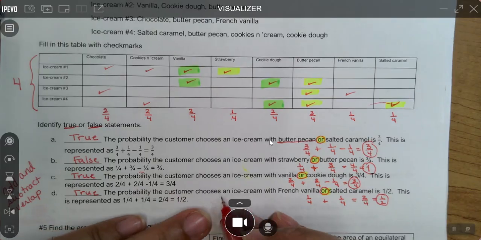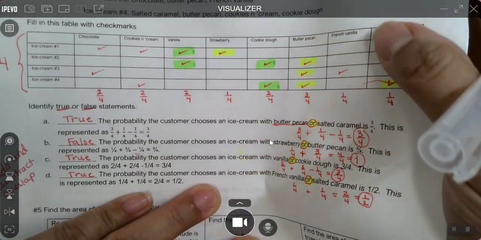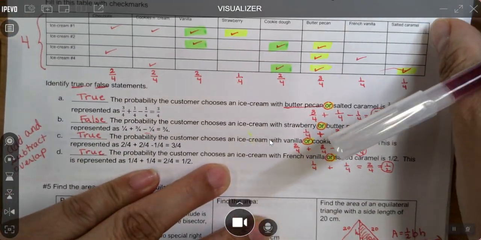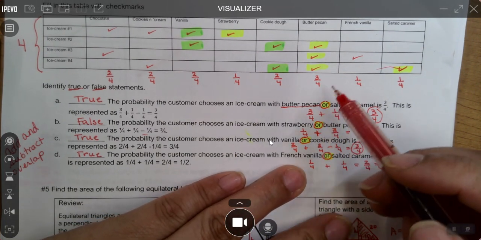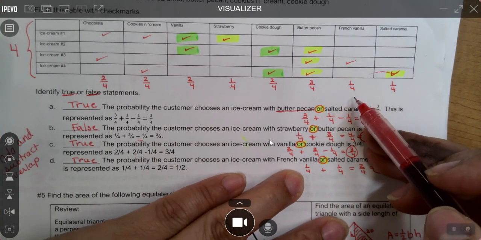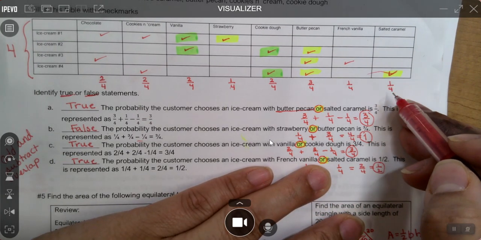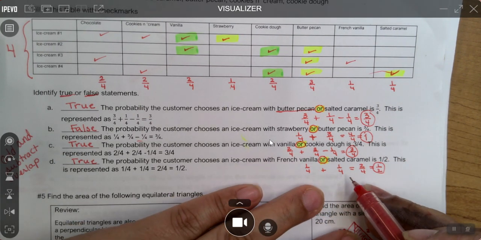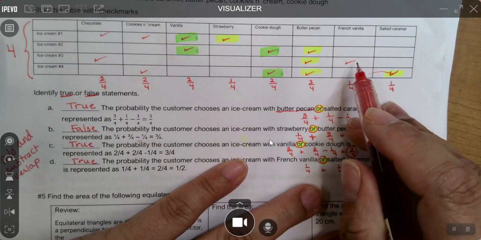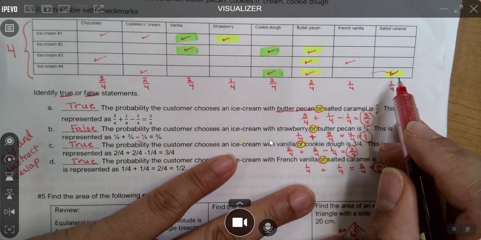The probability that the customer chooses an ice cream with French vanilla, right here, 1 out of 4, or salted caramel, 1 out of 4. Now, is there any overlap? No, there isn't. This is ice cream 3 and this one's ice cream 4.